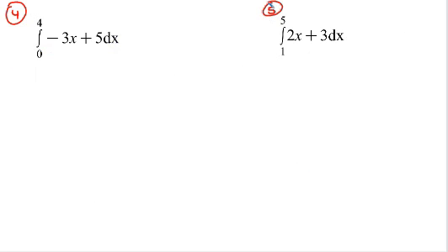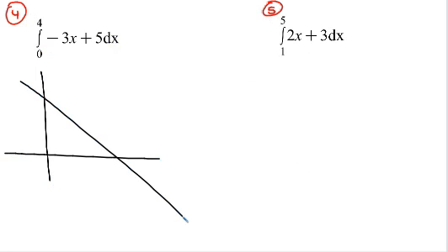Example 4, we have a linear function going through 5. Its slope is -3. If I set this equal to 0 and solve it so that I can find the x-intercept, I find that the x-intercept is 5/3.